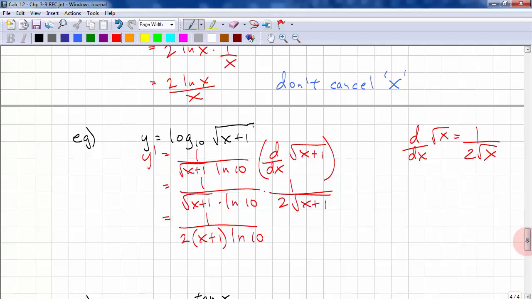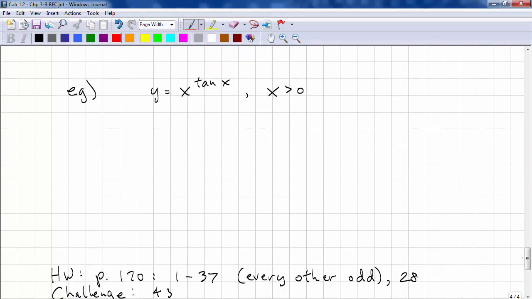Let's look at a hard problem. Okay. This looks like it's a power rule. However, this is not constant. We cannot just pull that out and subtract 1. We have to do something else. And from our pre-calc, we know that sometimes we use logs to solve exponential problems and exponentials to solve log problems.